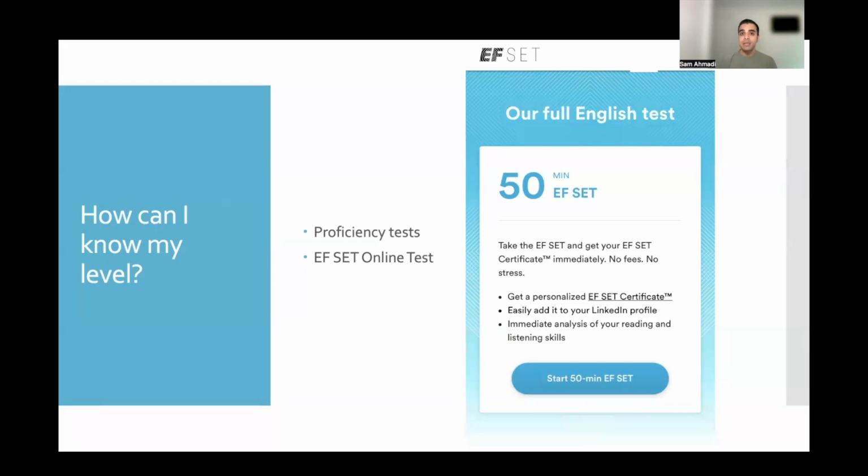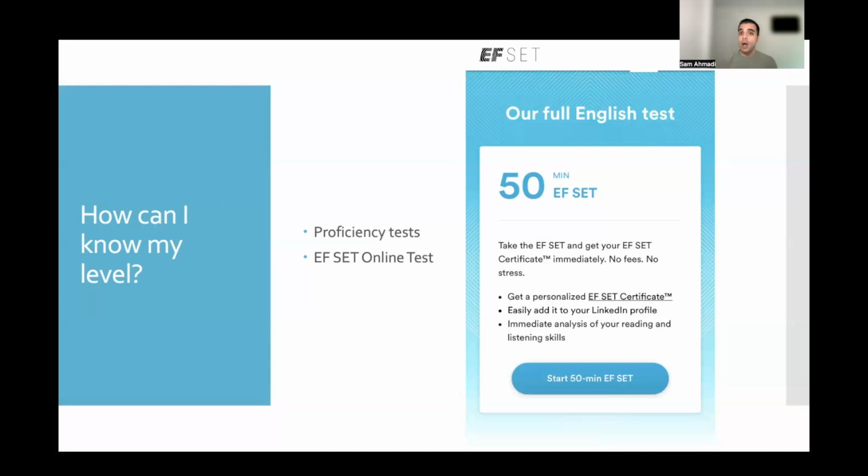Please bear in mind that this EFSET proficiency test only examines your level of reading and listening. And because it's an automatically assessed proficiency test, it will not give you any feedback, nor will it even attempt to test your speaking and your writing, which are the productive skills.